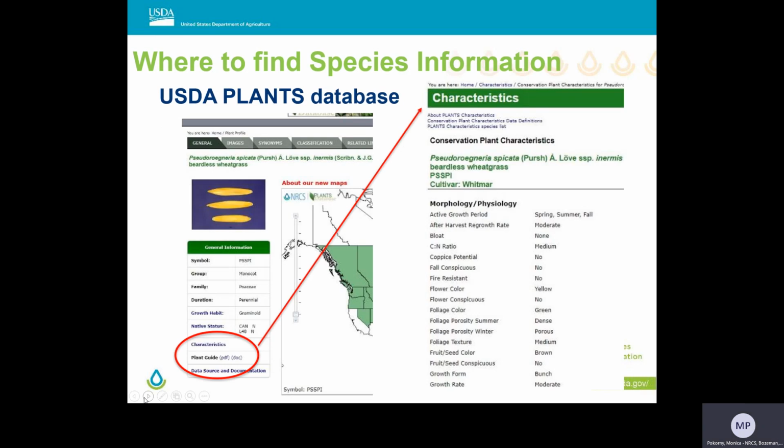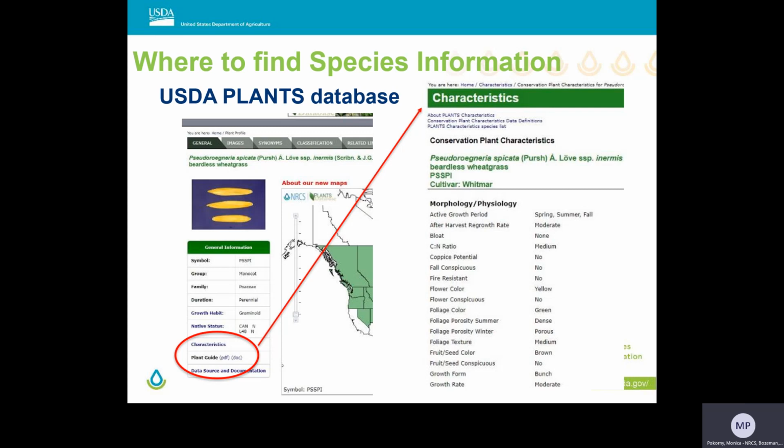Hopefully you're all familiar with the plants database. When you go to the USDA plants database and you pull up a plant profile, on the left-hand side towards the bottom is where you're going to find the links to the plant guides that have the information that you can download. But I also want to point out this characteristics link. When you select this link, it's going to open up a whole other tab that has quite a bit of information on the plant's morphology, its physiology.